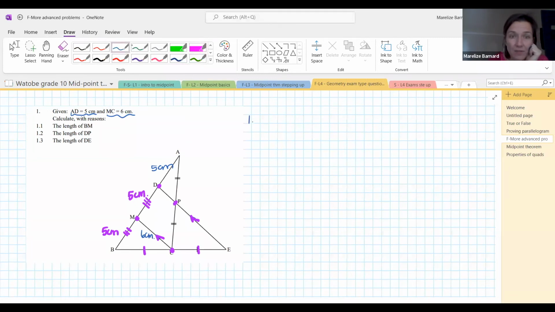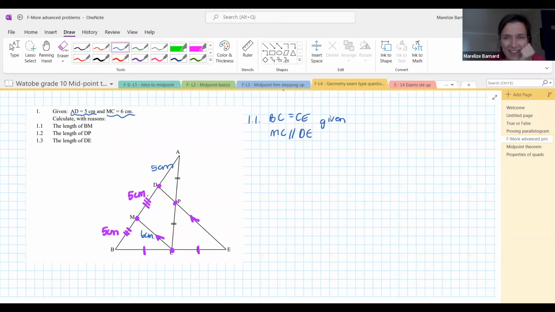Okay, now we have to write down that whole answer with all its reasons. So let's start with the fact that BC is equal to CE, and that is given. And then MC is parallel to DE.